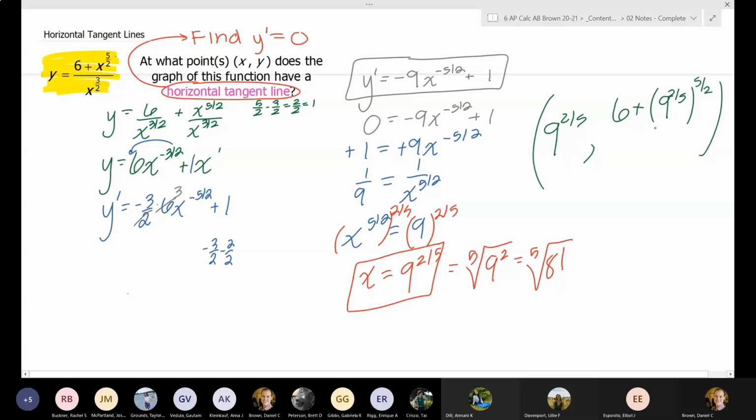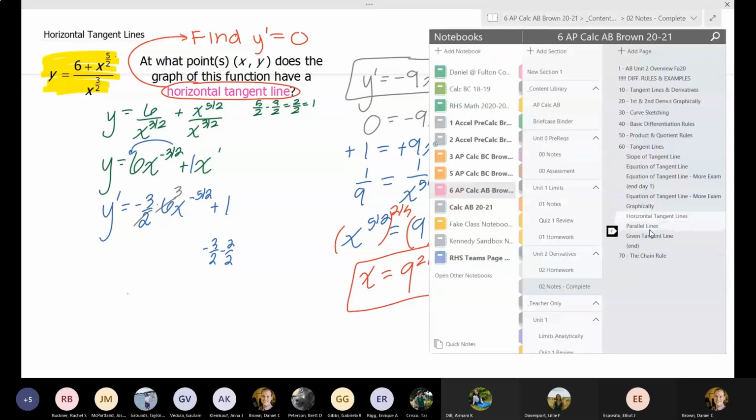I could simplify this, you could simplify this. I'm not, because this would earn full credit on my quiz or test. That is the actual coordinate of the horizontal tangent line. Oftentimes, though, we are just going to be concerned about the x-coordinate. So that's one application of tangent lines. We didn't actually find the tangent line, but we do know it's horizontal there.